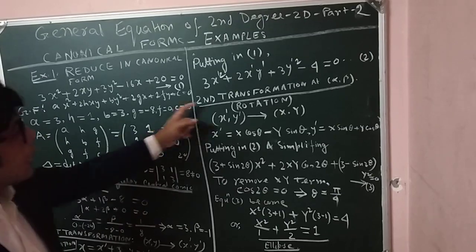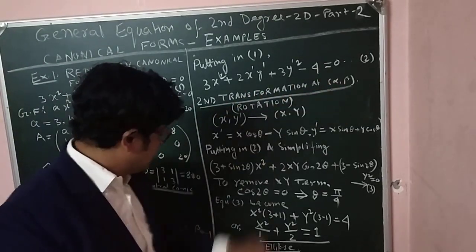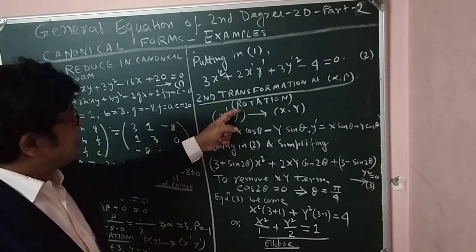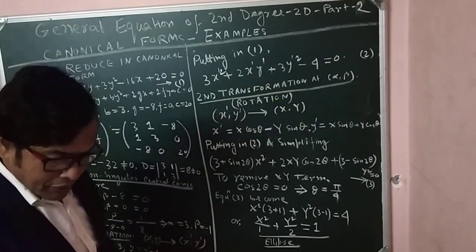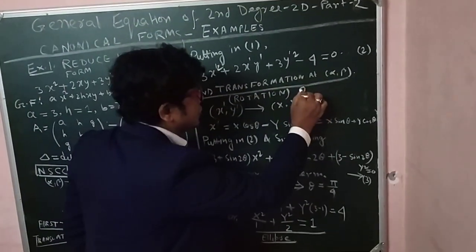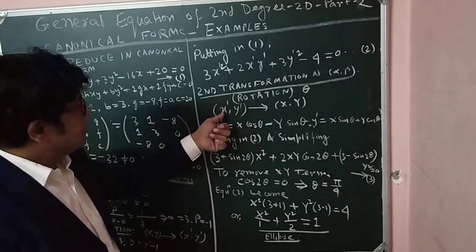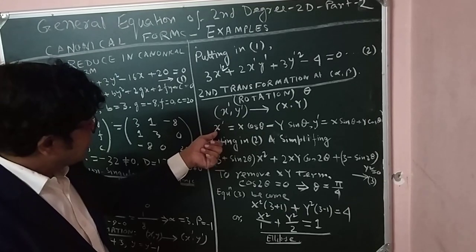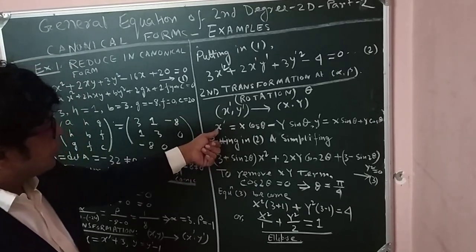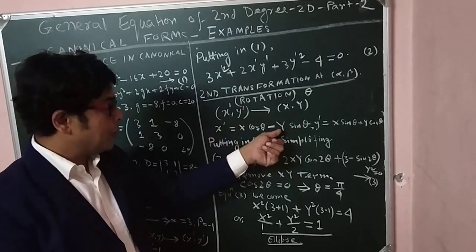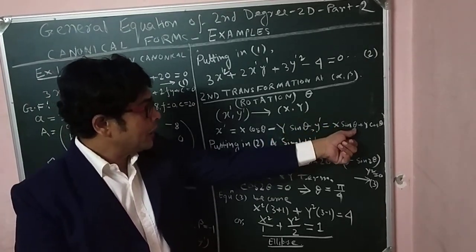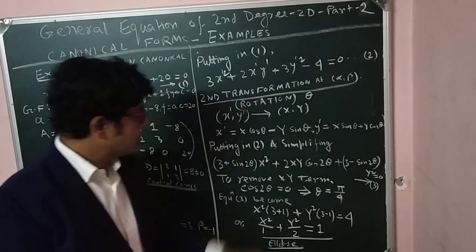Then we use the second transformation at the origin, that is alpha beta, by rotation through an angle theta, from x dash y dash to capital XY. The transformation equations are x dash equal to capital X cos theta minus capital Y sin theta, y dash equal to capital X sin theta plus capital Y cos theta.